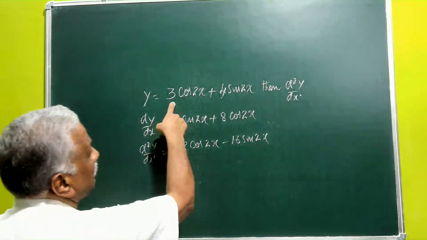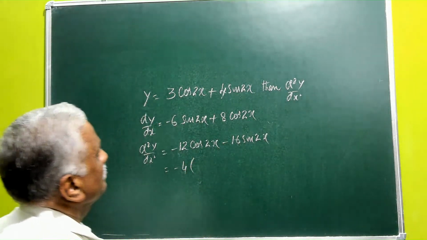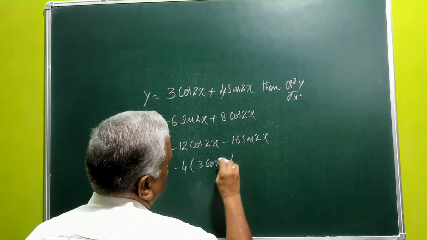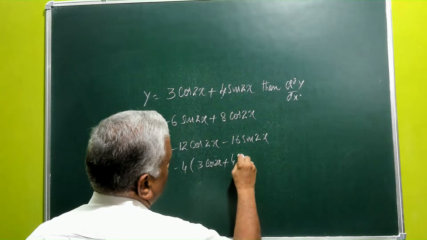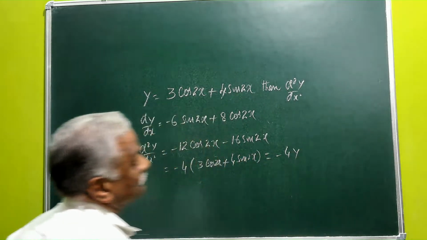So you have 3 written here and 4 here. Therefore take minus 4 common: 3 cos 2x plus 4 sin 2x. So minus 4y.